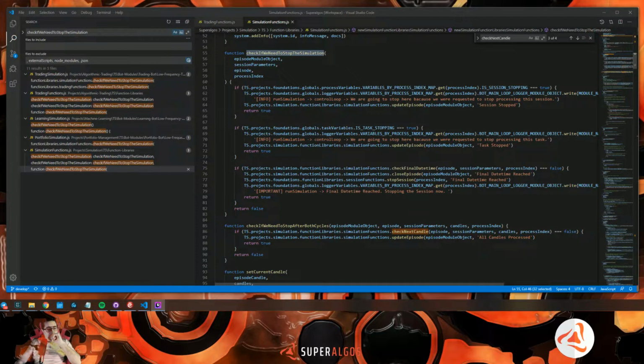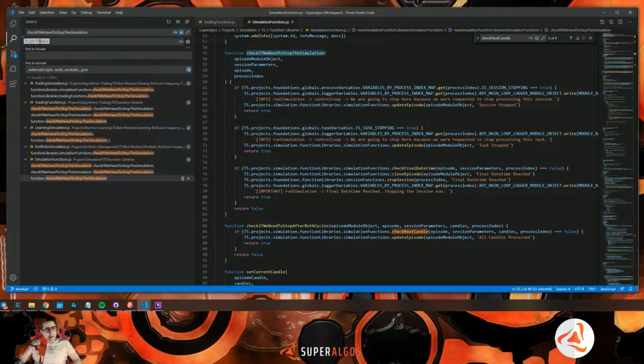Okay, we're back. So I'm going to refactor this. I will definitely need to refactor this. Check if we need to stop the simulation. I'm going to refactor it by early check or first check.